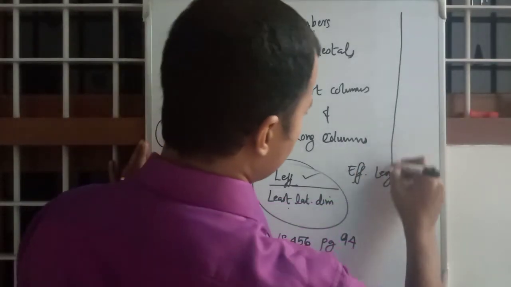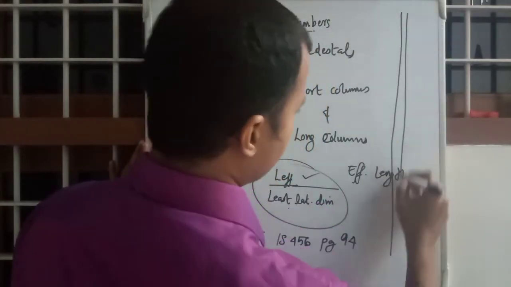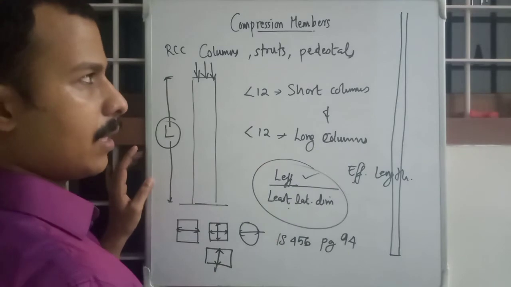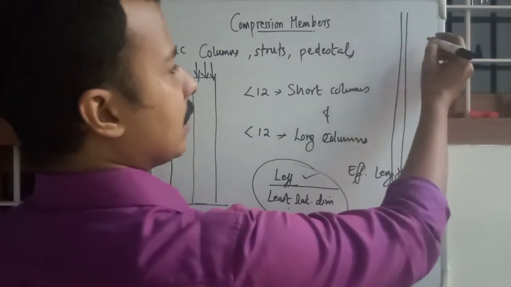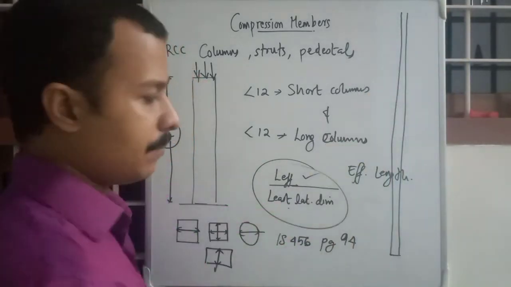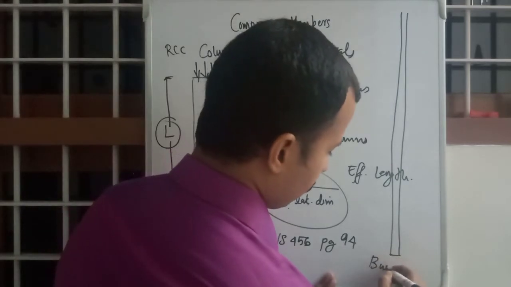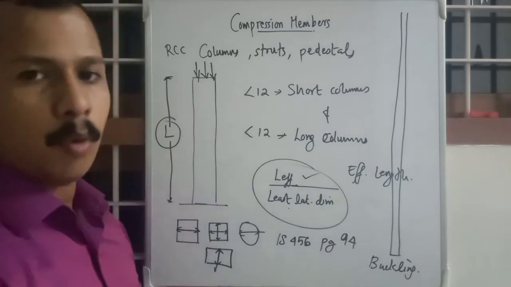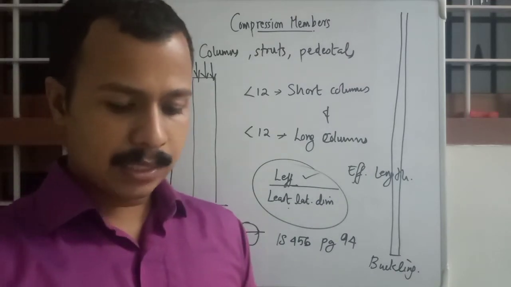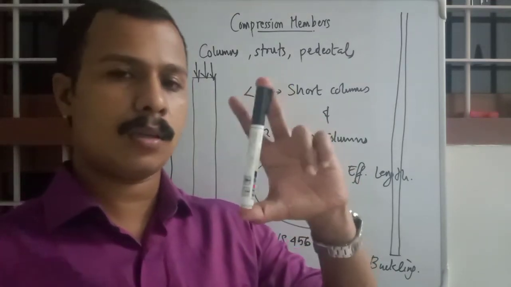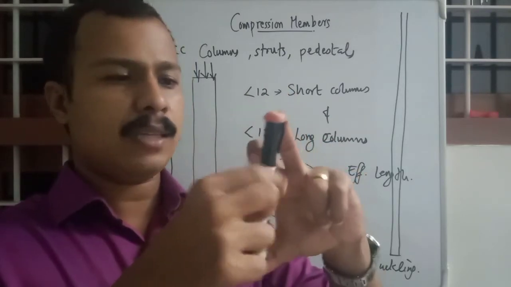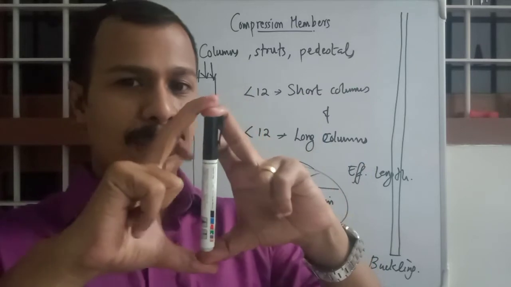The reason we divide this as a main classification is that as the length increases, there are chances of buckling. If this is a long column and this is a short column, as the length increases there are chances of buckling. It is a failure mode. For example, this marker cannot be bent by just applying compression.